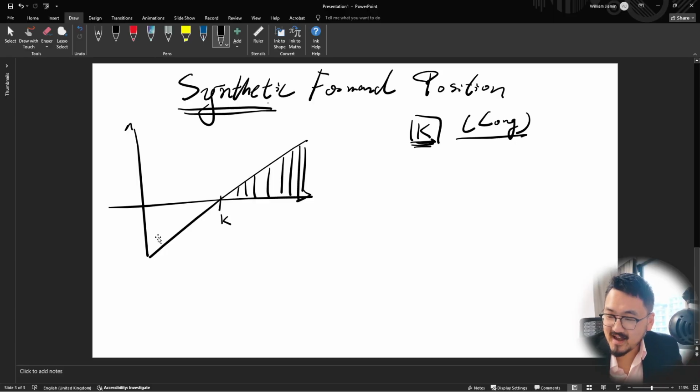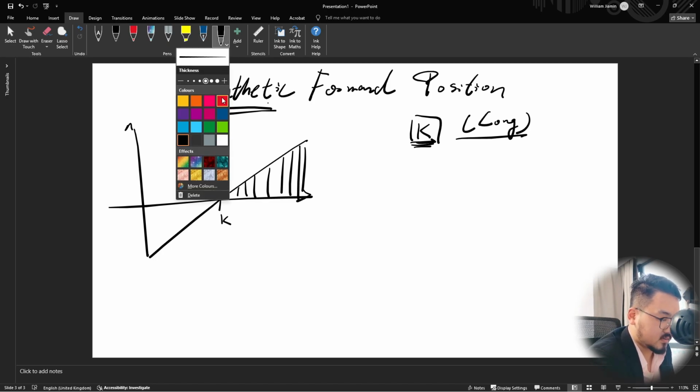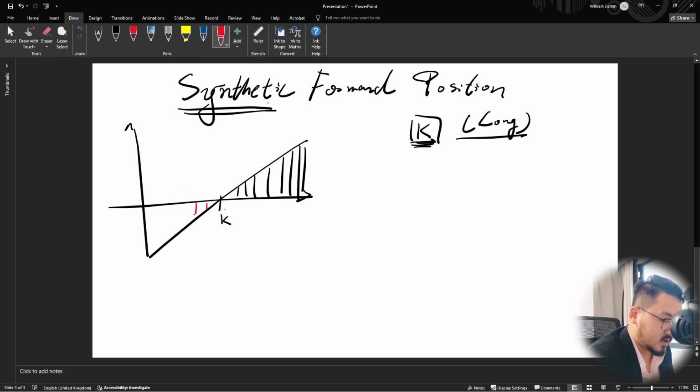That's just a bargain, and unfortunately you already entered into this forward contract. You have to pay. It's a forward, right? So the lower the price at the market, the more you lose. I'm going to change the color a little here. That's the money that you're going to lose.